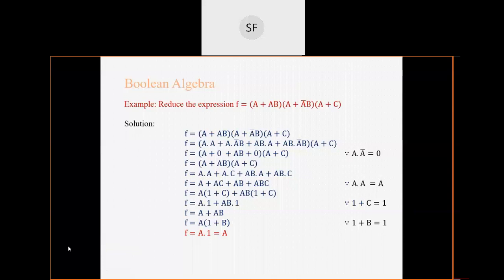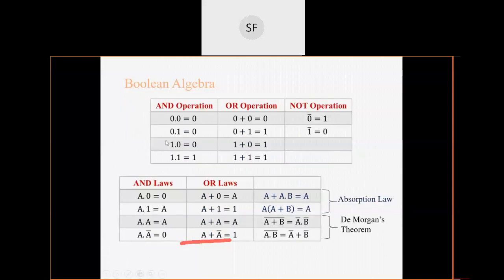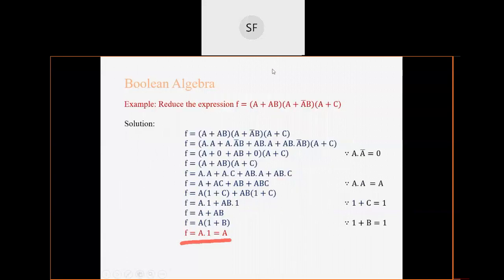Actually you can already look at the output. By the simplification process, by applying the operations and laws we saw in the earlier slide, we are reducing this expression. And at the end, the value of the function will be equal to 1.